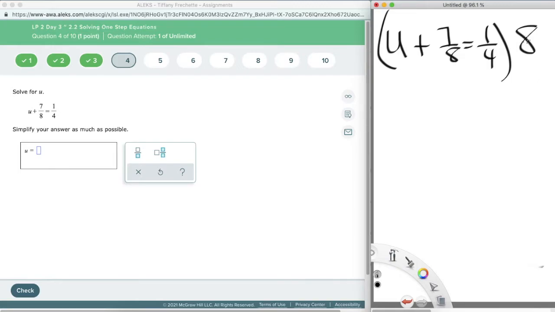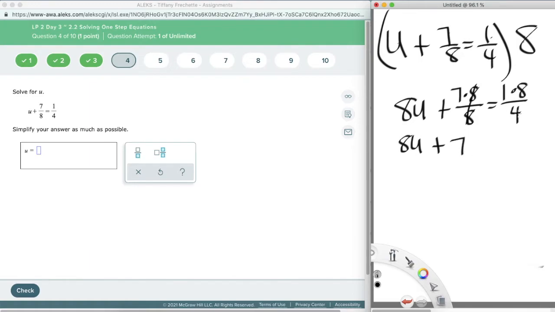Then I have 8 times U, I have 8U, plus, now in this case I have 7 times 8, and I'm going to write this out so you can see it, over 8, equals 1 times 8 over 4. I wrote this out just so that you could see the canceling happening. 8 divided by 8 cancels, and I just have 7. Well, 8 divided by 4 is 2. So I just have 1 times 2, and I get 2. So I've completely canceled the fractions.